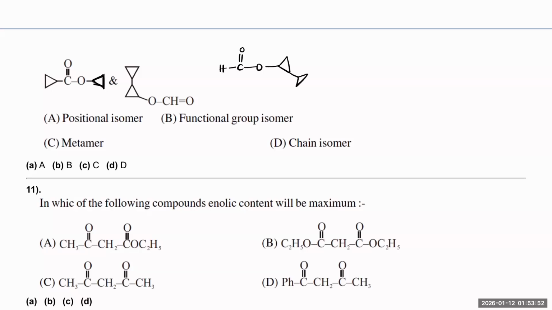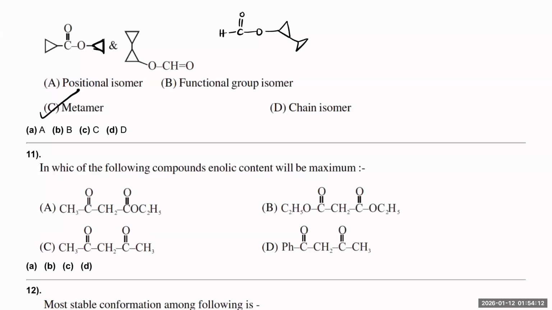Okay, so this is also an ester, this is also an ester, only there is a difference in the alkyl groups. If you have a difference only in the alkyl groups but yet they retain the same functional group, we call them metamers. Guys, clear? It's a very important case. It's metamerism which is happening in this case.